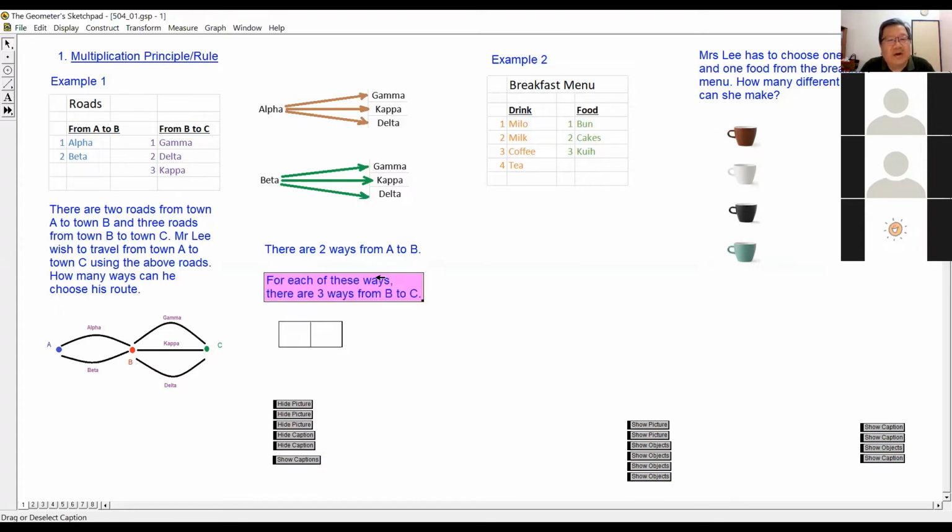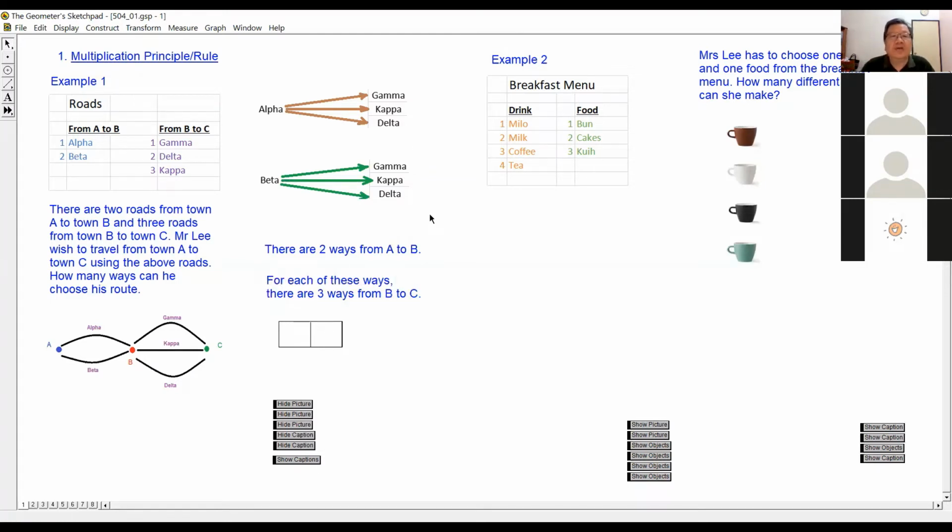Now, for each of these roads you use during the first part of your journey, for each of these, the second part of the journey, you can use three roads. So if you use alpha, second part you can use three roads. If you use beta, second part you can have three roads.